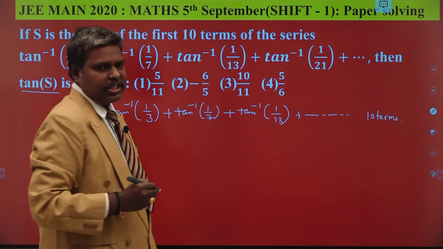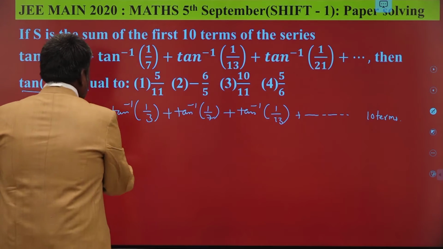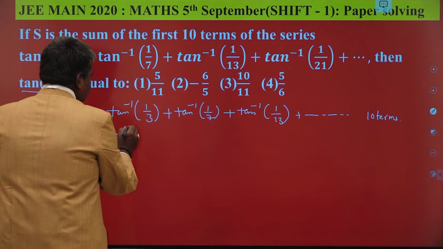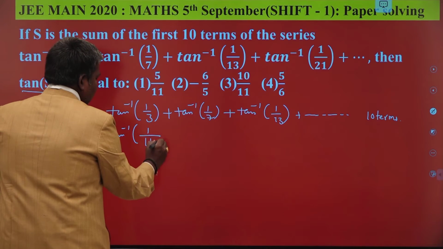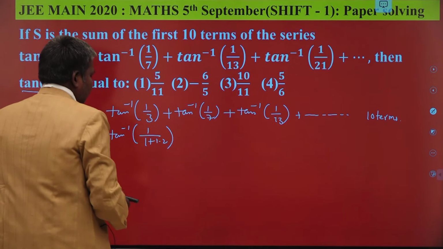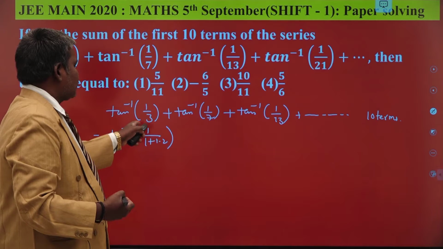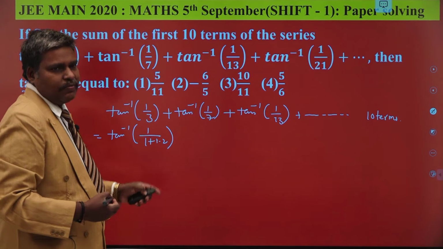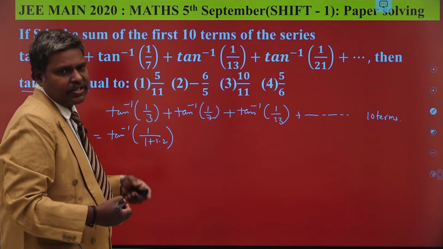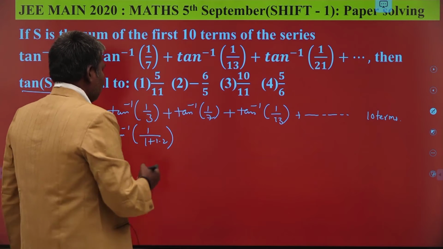This is your given expression. So this can be written as tan inverse of 1 by 1 plus 1 into 2, because this can be written in the form of tan inverse of (x minus y) by (1 plus xy), that becomes tan inverse x minus tan inverse y. That is the idea of the problem.